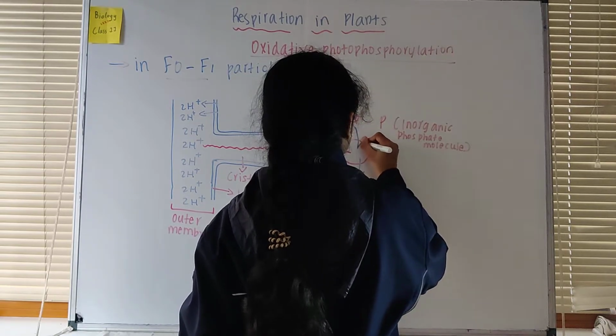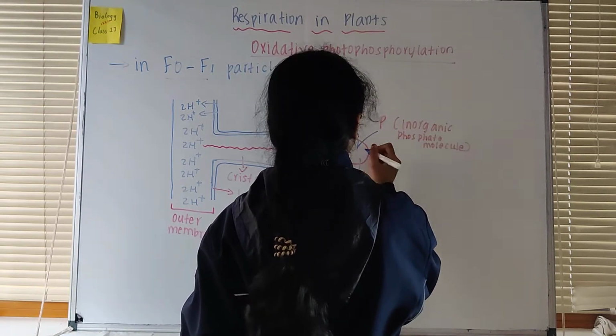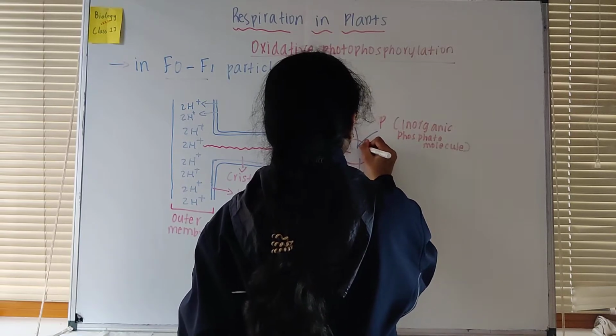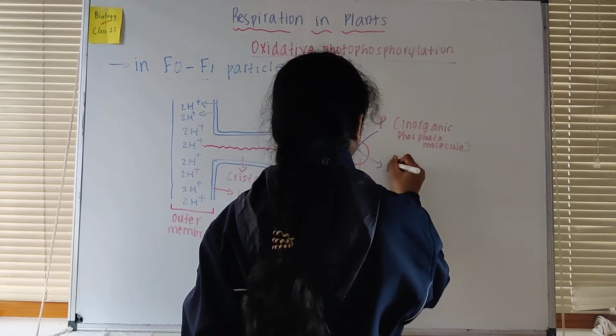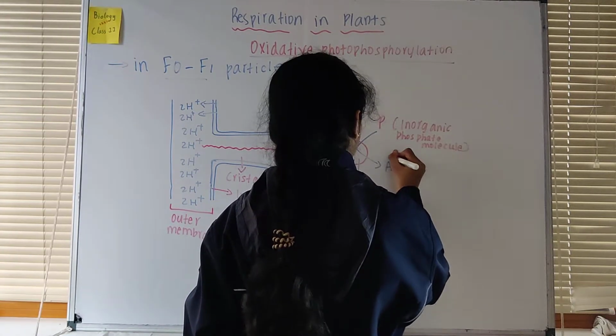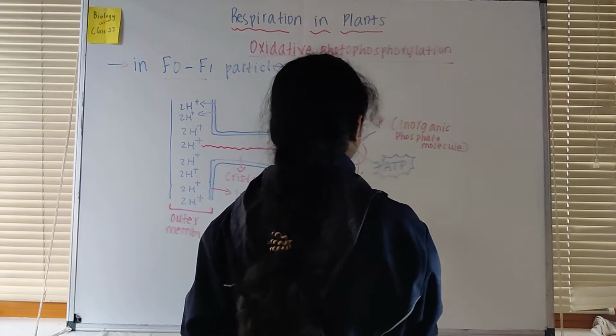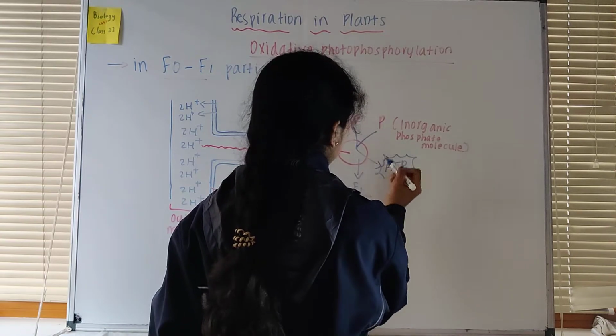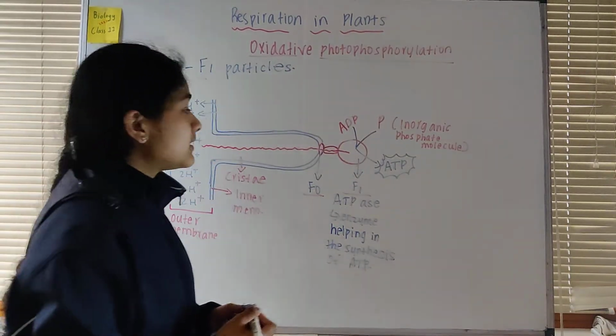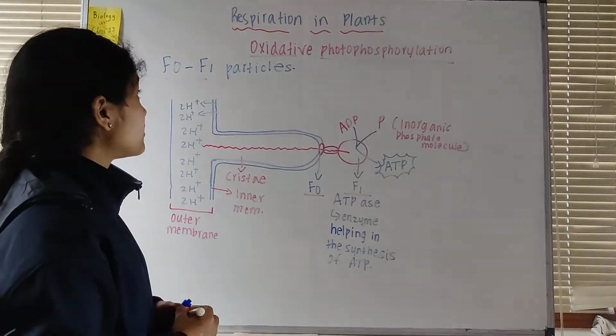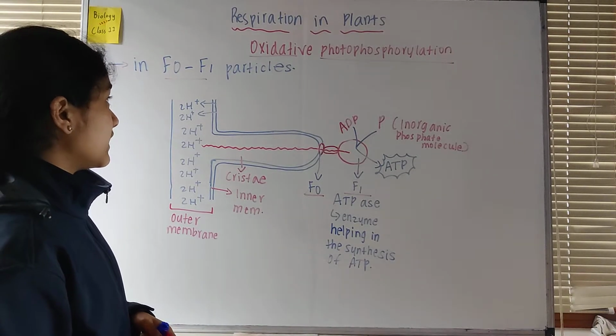ADP and phosphate molecule in the F1 particle combine together and give rise to ATP, that is adenosine triphosphate. So now it has three phosphates. So ADP plus P is ATP. This is how ATP is synthesized in oxidative phosphorylation.